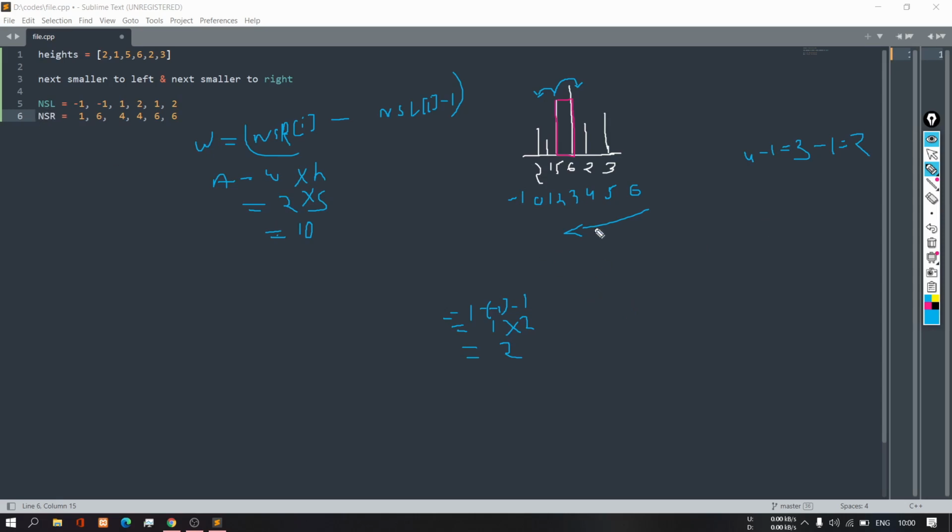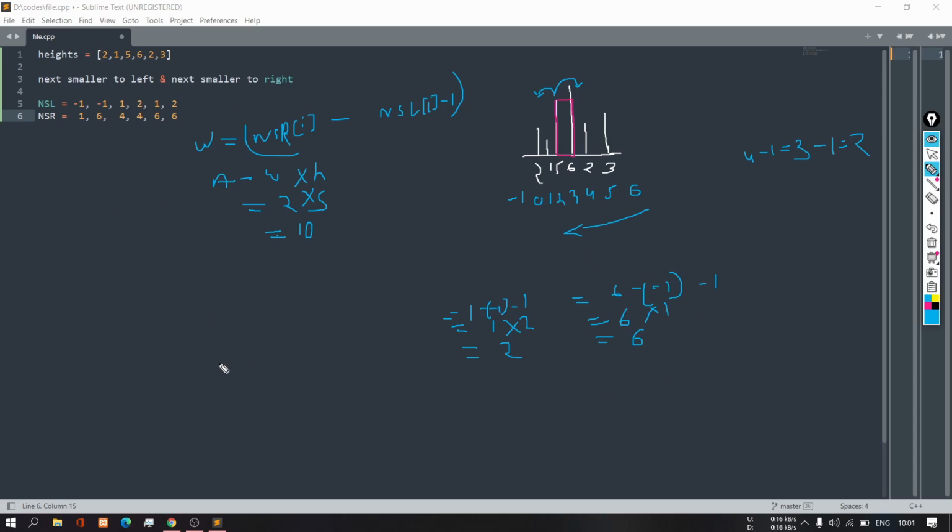Okay, so next is 1. For 1, let's see what the answer is. It is 6 minus, the NSL value is -1 for this index, and I have to do -1 again. So it is 7 minus 1, which is 6, and we multiply it by the height, which is 1, so it comes to 6.